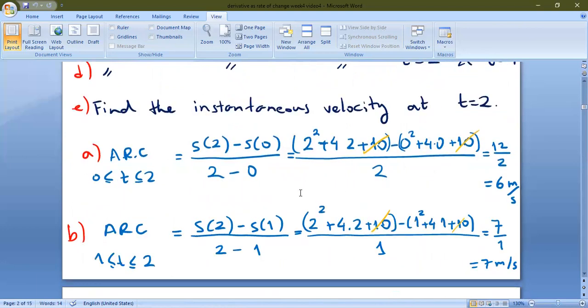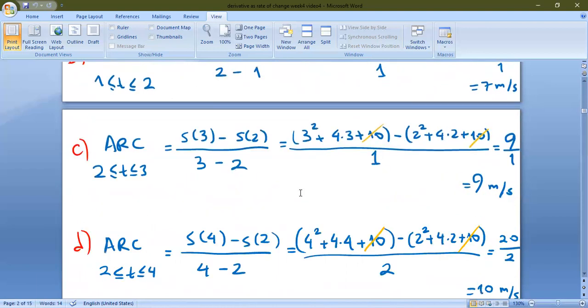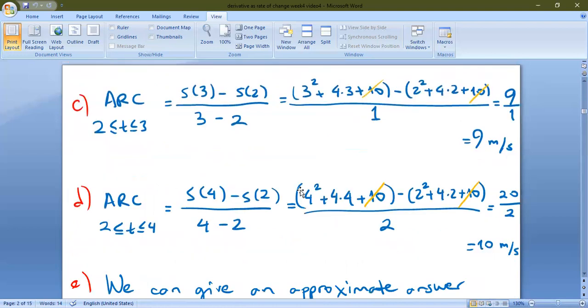For the average velocity between 1 and 2, we put 1 and 2 into the position function, do the computations, and get 7 meters per second. For the average velocity between 2 and 3, the computations give 9 meters per second. And for the average velocity between 2 and 4, the computations give 10 meters per second.